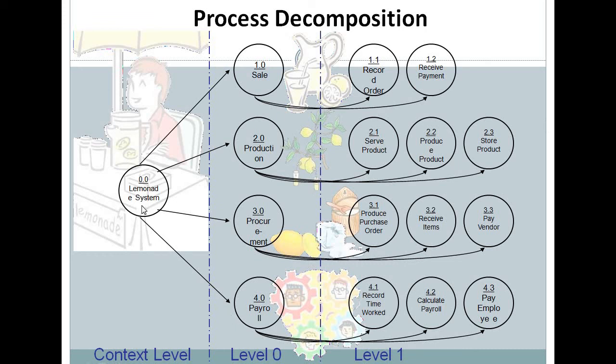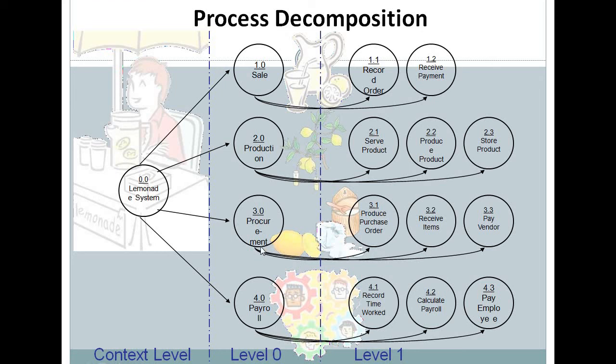Students, see, we have mentioned level 0 and level 1, where in level 0 I have started with sales, production, procedure, then payroll. So sales: record order, received payment. In production: serve products, produce products, store products.